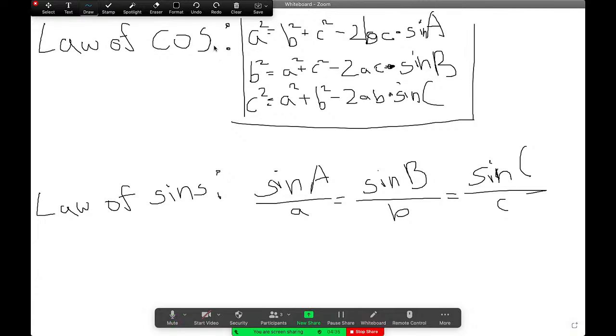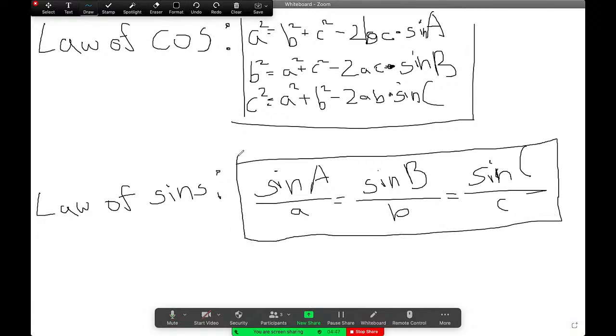And basically when you use them depends on what the problem is. You use the law of sines when you have a triangle. Let's say they give you A and B, and they give you this angle right here. Then you use this. So they give you this, this, and this, that means you can use this.